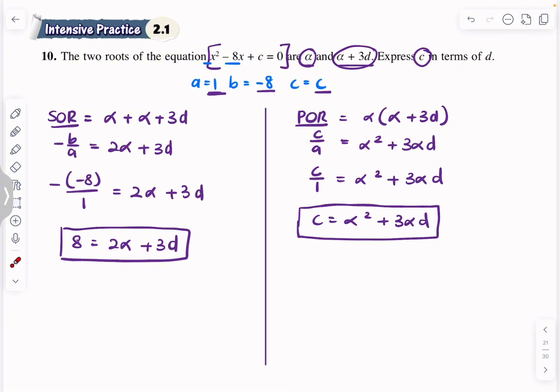So what we can do is make alpha the subject. From here, 2 alpha is 8 minus 3d. The 3d I brought over here. So alpha is 8 minus 3d over 2.